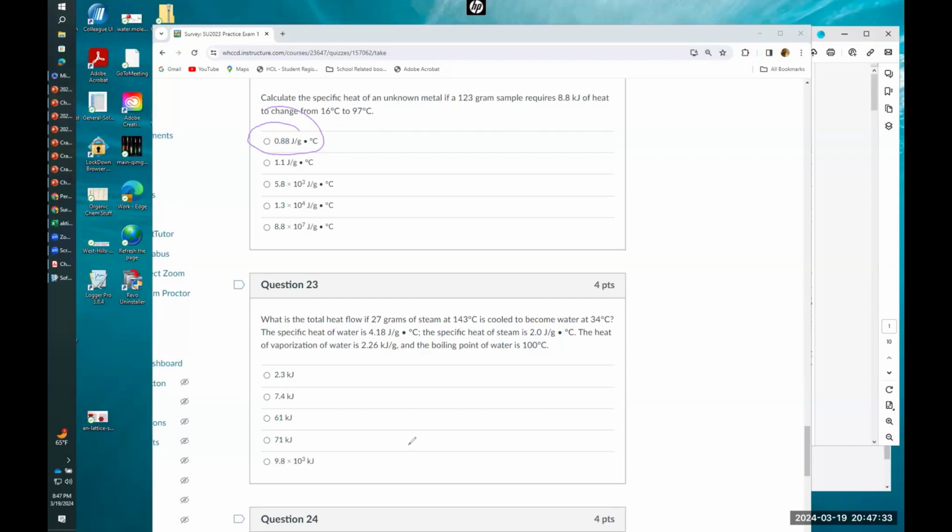Okay, so for this one, the easiest thing to do is to draw a temperature diagram. It's going to look something like this. We're starting off at a high temperature, which is going to be 143 degrees Celsius.